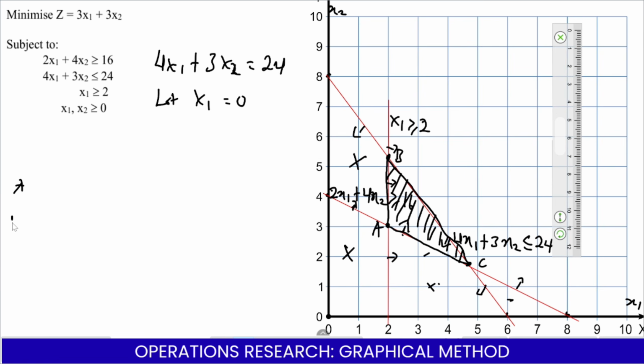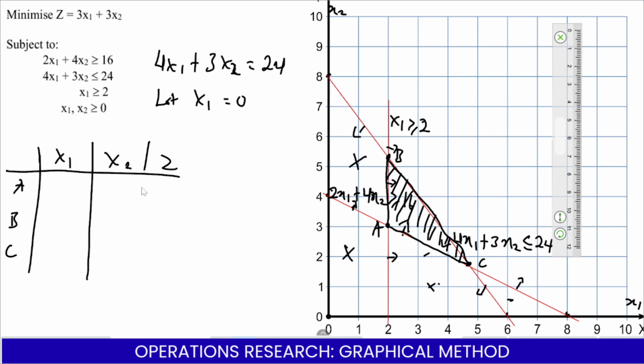So we have point A, point B, point C. Then we have x1, x2, and then Z. Okay, so for point A, what's the x1 and x2 value? So let's trace the x1 value. Looking at it, the x1 value is 2. So we write x1 is 2 for A. And then the x2 value is 3.